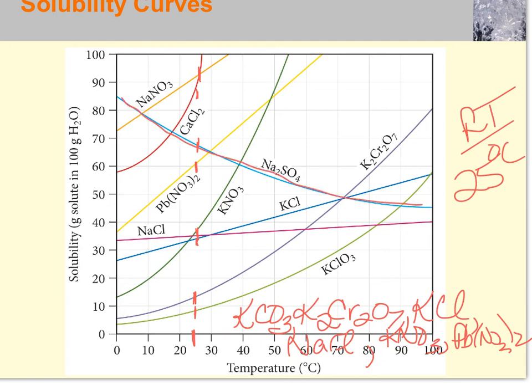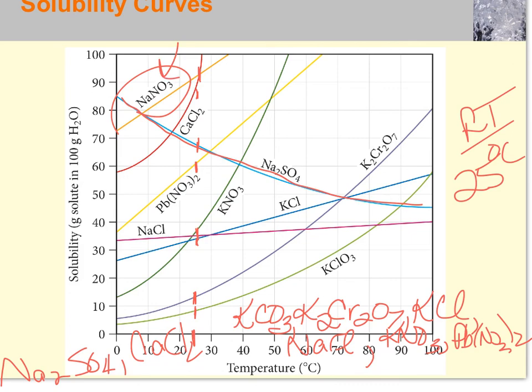I'm not really sure why it goes down. Let's see, then sodium sulfate is very soluble, and then calcium chloride is also very soluble, and the most soluble at 25 degrees is sodium nitrate.